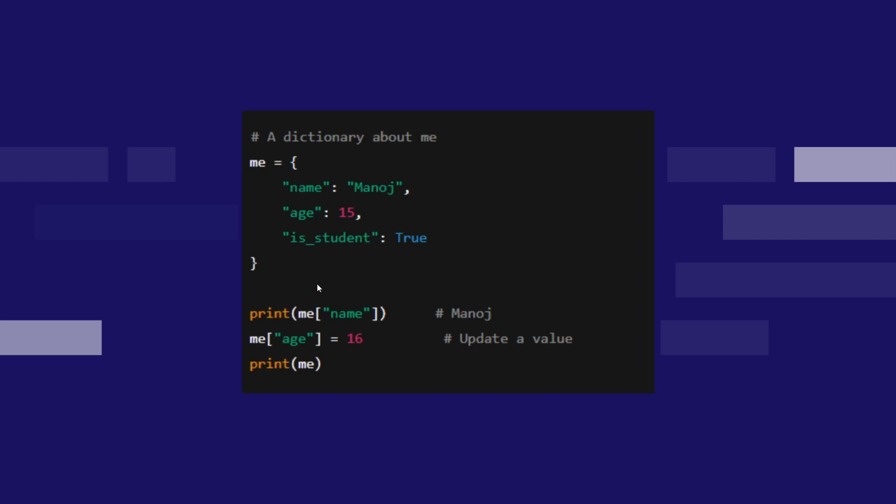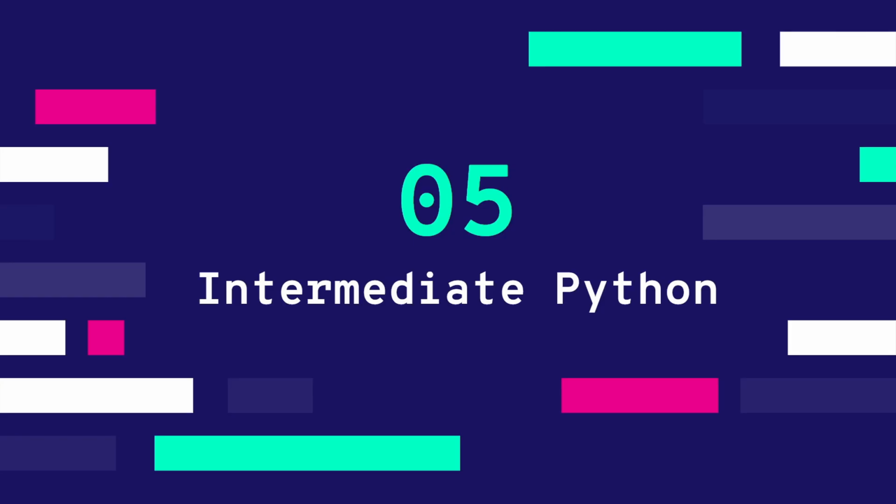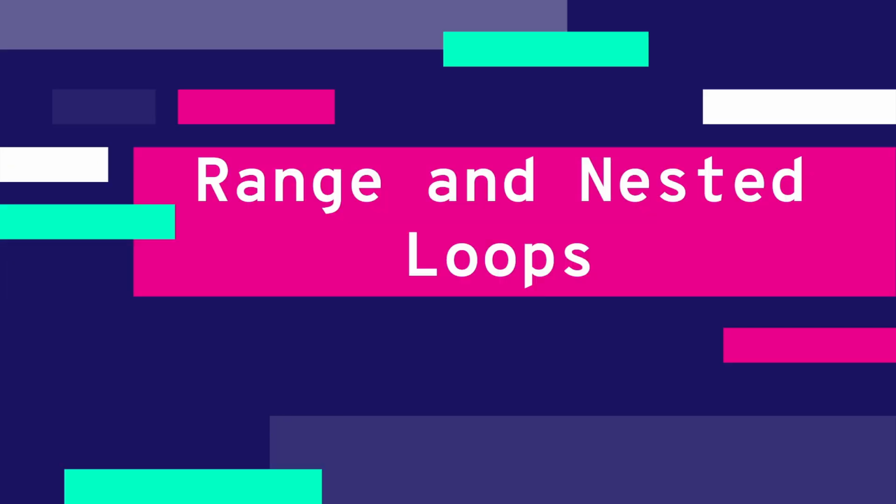If you did print me dot values parentheses, it would return name, age, and is student. And also, if you did print me dot items, it would return a list of all the pairs in a specific format. You would typically use this for for loops and while loops. That's basically it. Now moving on to number five, intermediate Python.